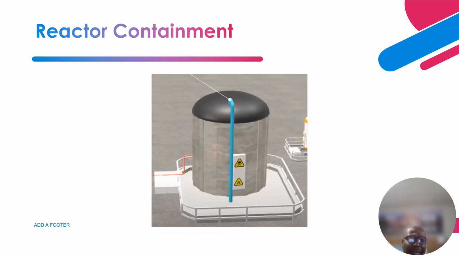Okay, so now this is the reactor containment, right? Like I told you, this is nuclear energy, and that is uranium 235 to 238, right? Health-wise, it has to be contained because it can be very damaging to our health.